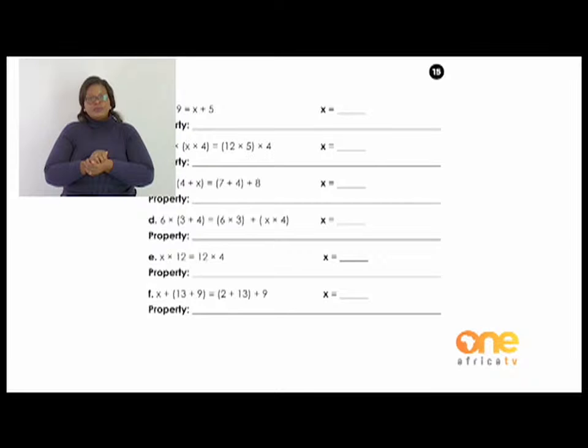At B, we also have to look where x is, be able to differentiate between x and multiplication. So you also have to indicate the property. At C, you also have to do the same. Until F, you are doing the same.